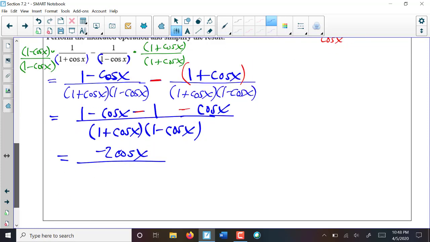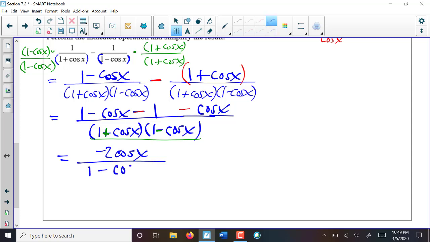All right, and then in the denominator, I can go ahead and multiply this. Whenever I see these conjugates, I think if I multiply it, I might be able to get a cosine squared, which leads me to Pythagorean identity. So when I multiply that, I get a difference of squares.